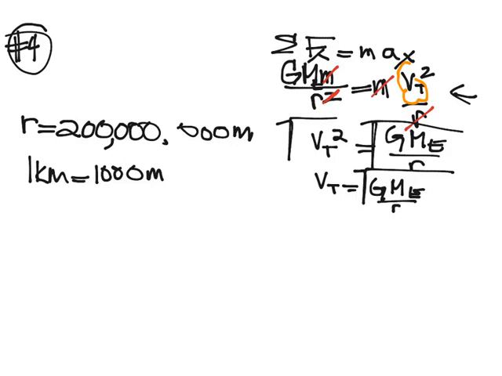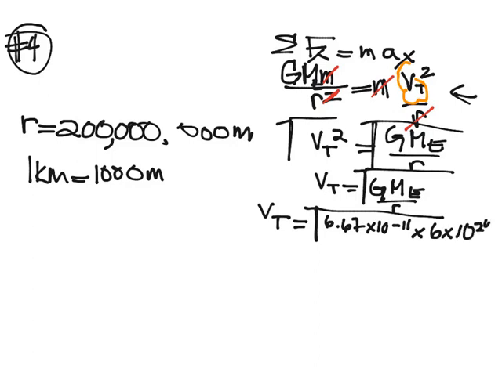Okay, these are numbers that I can just look up. So I have G, which is 6.67 times 10 to the negative 11th. Me is still 6 times 10 to the 24th. And the radius that they tell us here is 200 million.